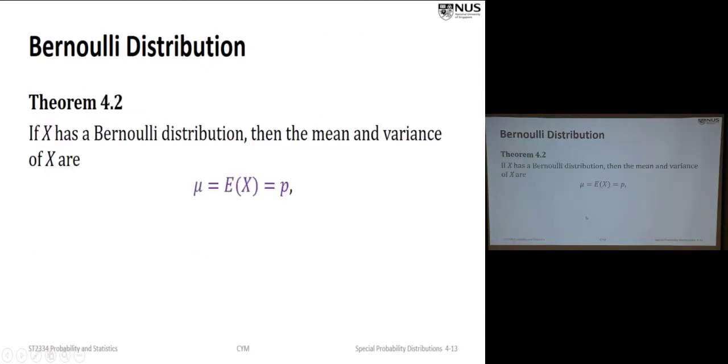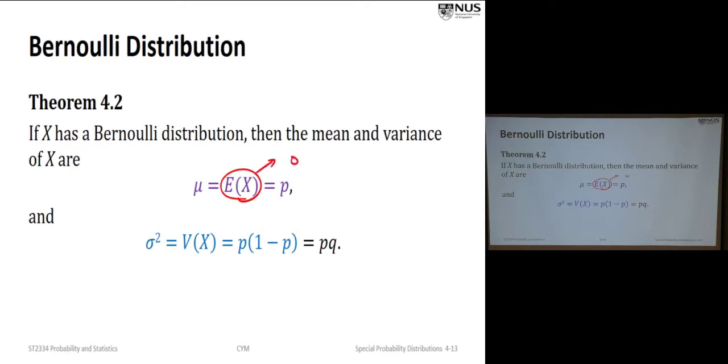Okay, so the expectation is equal to P, and the variance is equal to P times 1 minus P. This is a very simple exercise. You only have two values. So the expectation equals 0 times 1 minus P plus 1 times P, right?